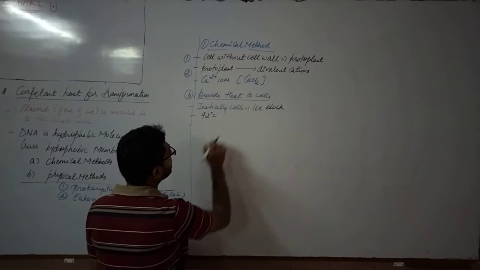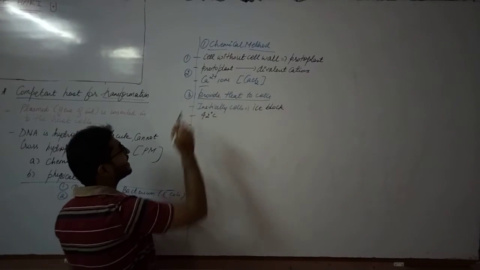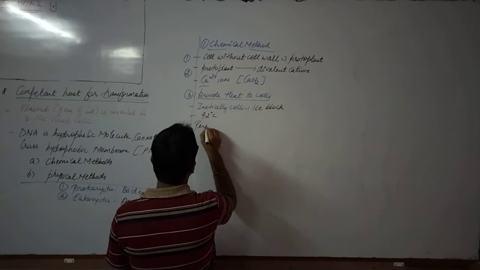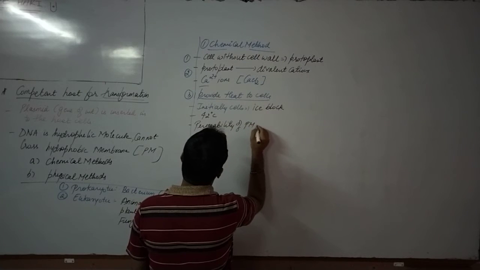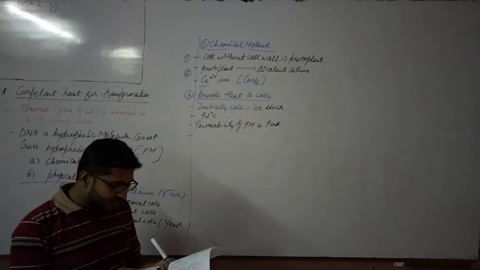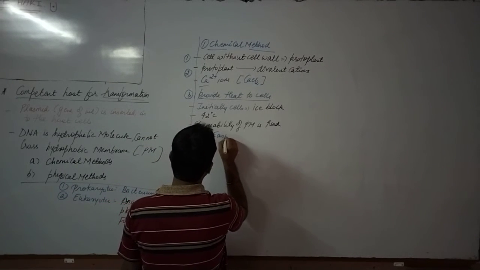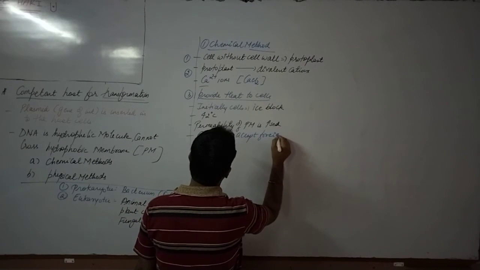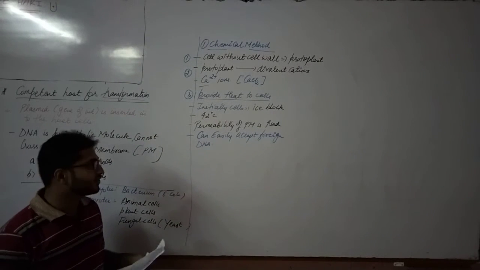So at this temperature, using divalent cations like CaCl2, which is providing calcium ions, it increases permeability of the plasma membrane. So permeability of plasma membrane is increased. When the permeability of the plasma membrane is increased, plasma membrane can easily accept foreign DNA because we are providing the heat to it, right?